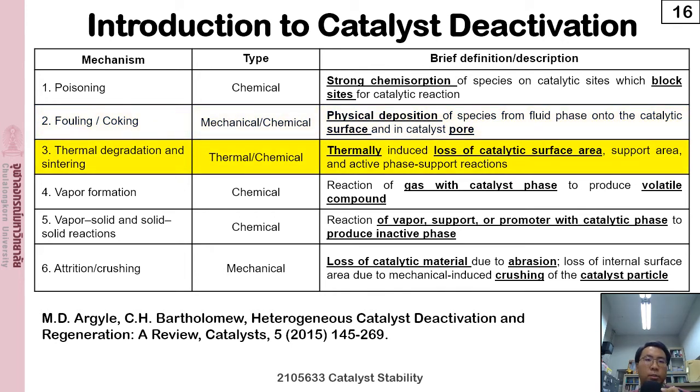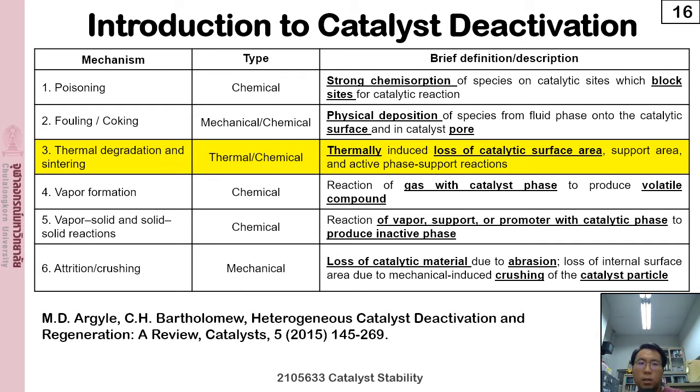The third one is thermal degradation and sintering. It is also classified as both thermal and chemical catalyst deactivation. When this type of deactivation occurs, it causes the loss of active sites and active area.